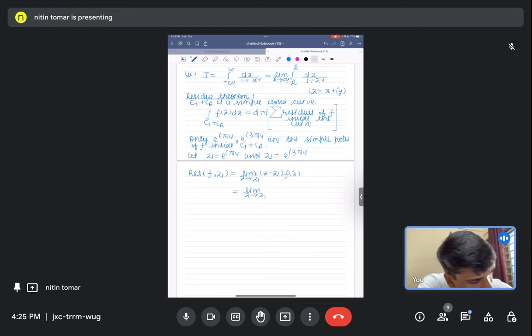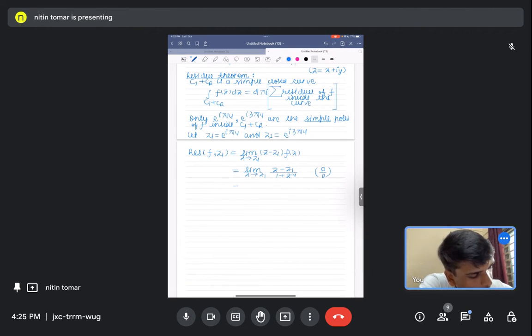You just write down the value. It is (z minus z1) over (1 plus z^4). You know that it is a 0 by 0 form at z1, so you can apply L'Hopital and it will be, as z approaches z1, actually for any i, like 1 or 2, it doesn't matter, i from 1 to 2, 1 upon 4z^3, correct?